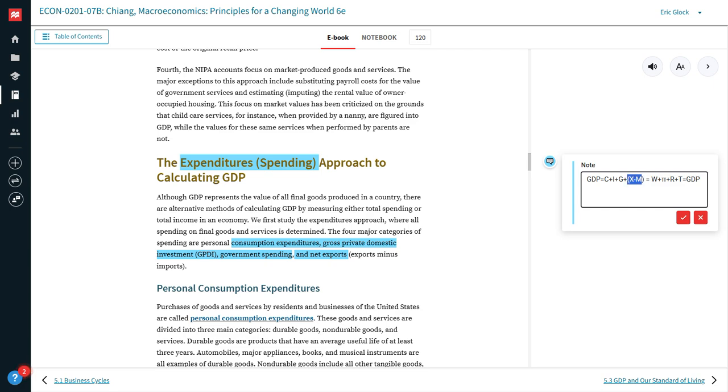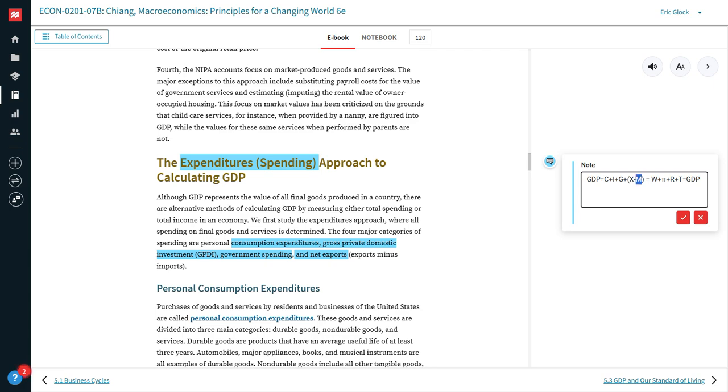So we have this X minus M, and exports are spending from abroad that is income to the United States. It's income being earned domestically in the United States. So this goes to GDP.